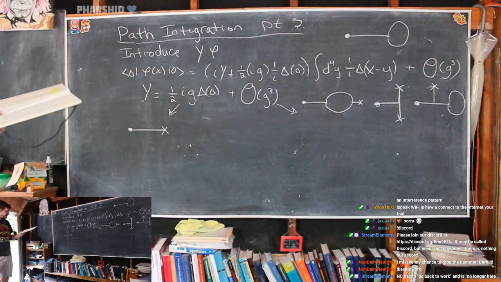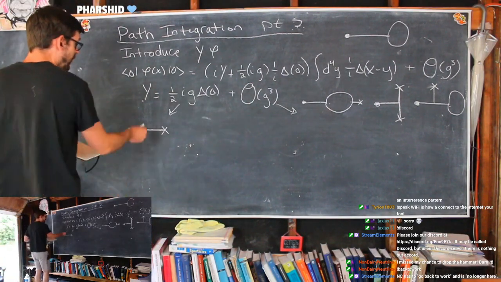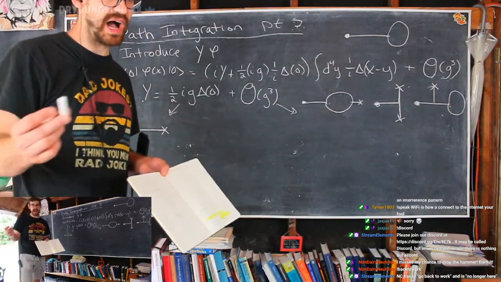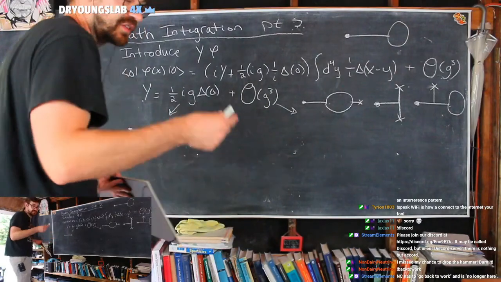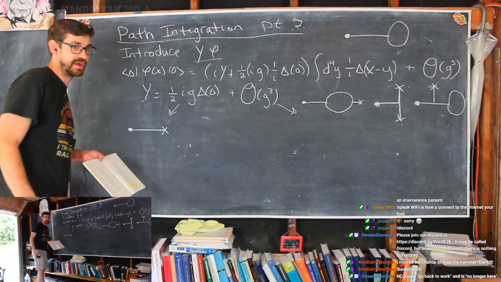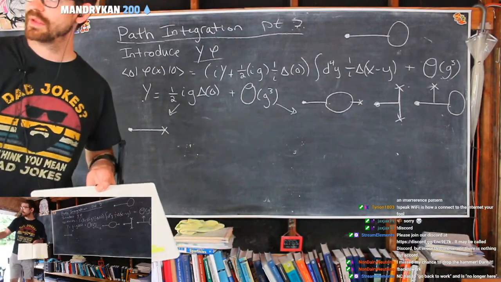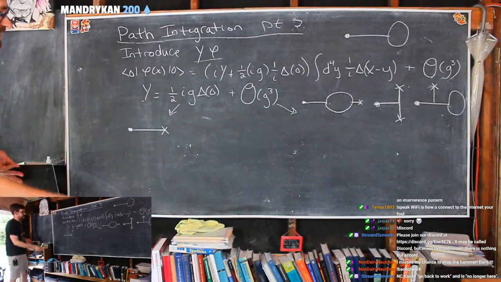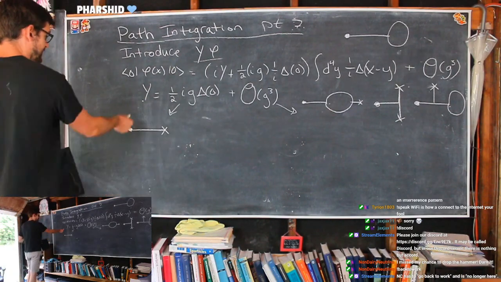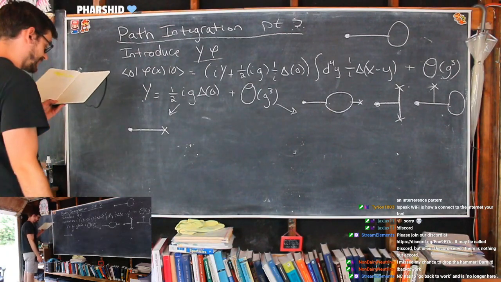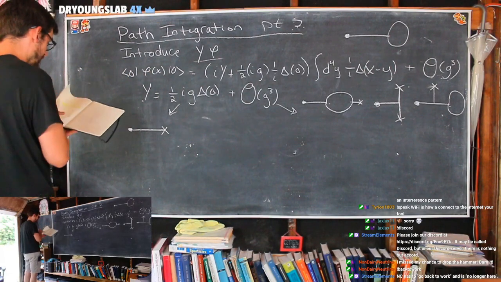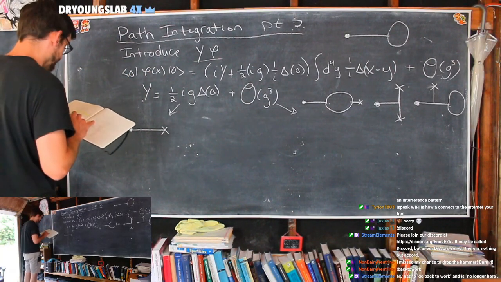Okay. But there's an issue here, right? y has an i in it. The issue is that y is supposed to be real, because inside the Hamiltonian, this has to be a Hermitian operator, right? So this has to be real, and we've got to figure out how to make it real. But let's not worry about that too much right now, because it's going to be a little more natural.